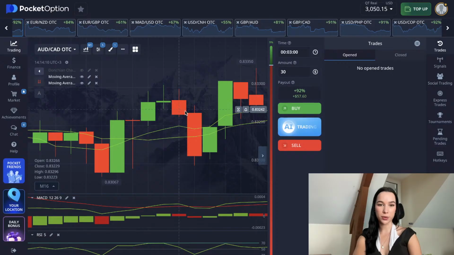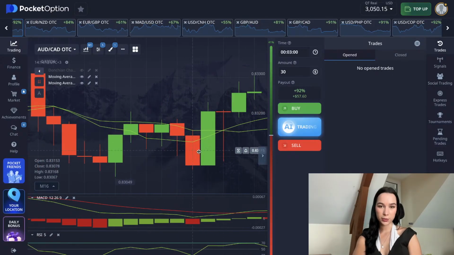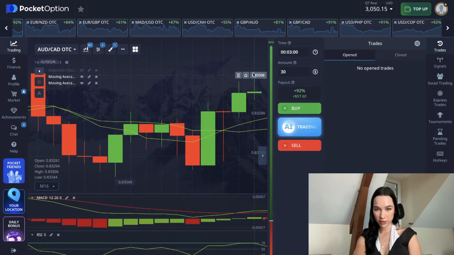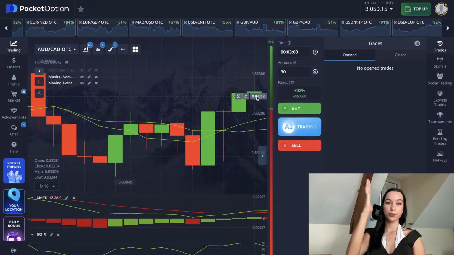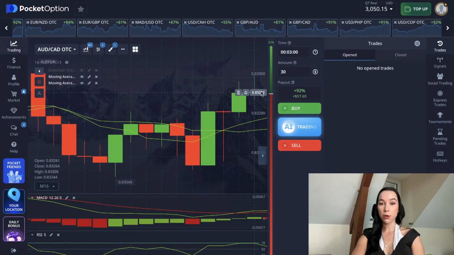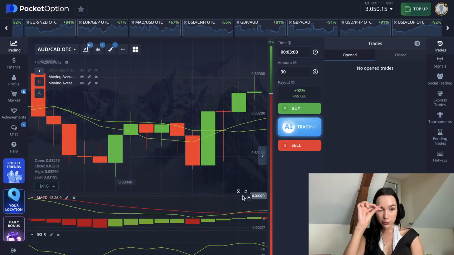So for example, this one. Let's imagine that it was an upward trend here, and it ended here, the uptrend. So it's the candle that appears at the top of an uptrend, with a long upper wick like this above the candle and a small body. As you can see, it's really, really small.